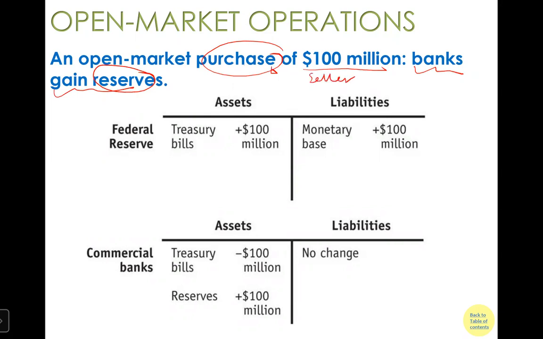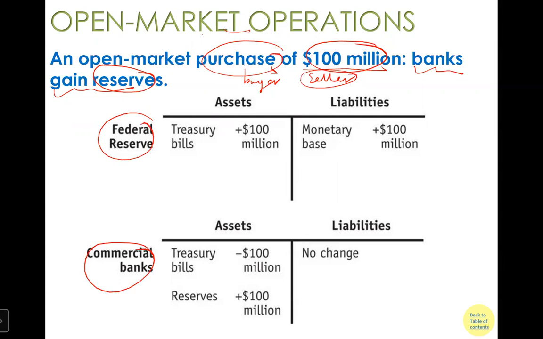So in this operation, the Fed is a buyer, buying 100 million of bonds, and the seller is a commercial bank, selling 100 million of treasury bills. Now let's see how this operation affects the Fed and the commercial bank.